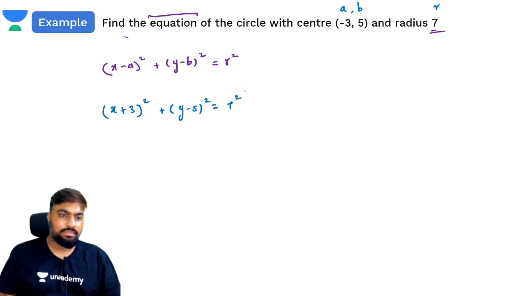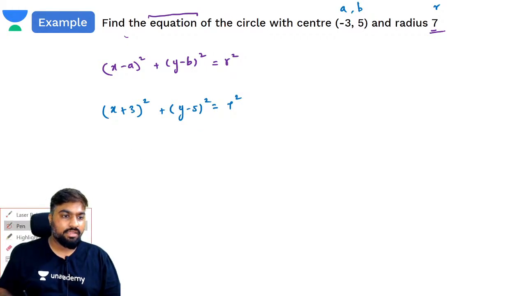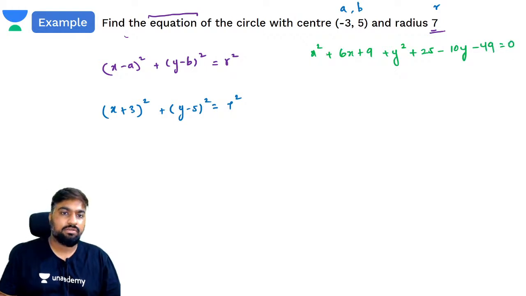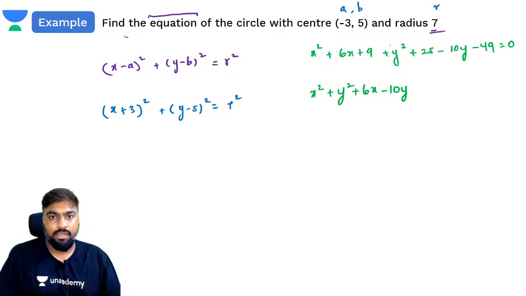Yes, this is basically your standard form, but इसको अगर आप expand करोगे तो you can. Other forms of the answer choices could be expansion of this, which is x square plus 6x plus 9 plus y square plus 25 minus 10y minus 49 is equal to 0. So you would get x square plus y square plus 6x minus 10y plus 9 plus 25.